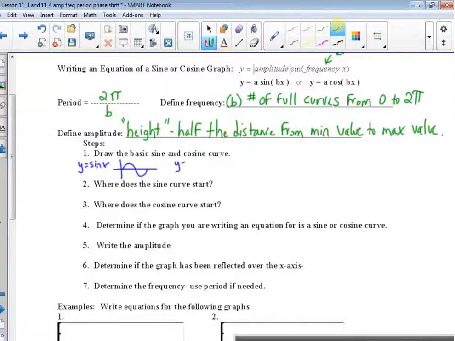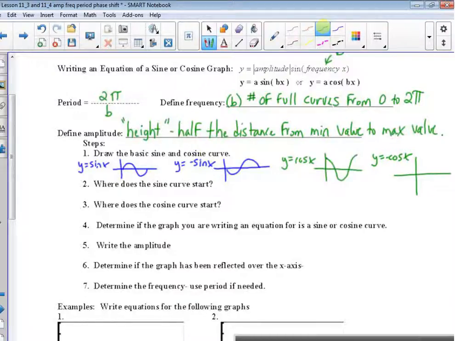For y equals negative sine x, it's going to just be that first graph, just a reflection over the x-axis. For y equals cos x, starts at 1, goes down, and now these are all finished by 2 pi. And then for y equals negative cos x, that's just going to go the opposite direction, a reflection.